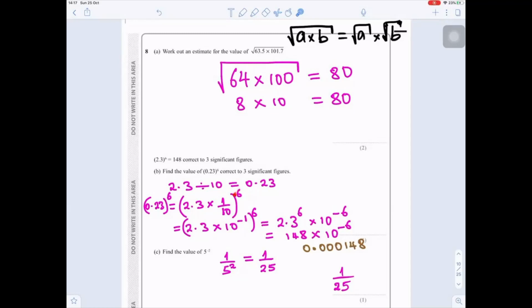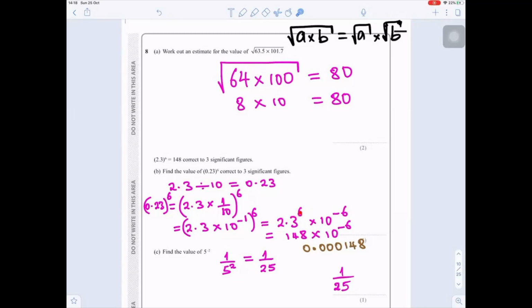Now it is raised to the power 6. So 2.3 divided by 10, you can change it to 10 to the power minus 1. So it's 2.3 times 10 to the power minus 1, all to the power 6. And this power 6 is for both numbers in the bracket. So 2.3 to the power 6, and 10 to the minus 1 times 6 gives you minus 6.